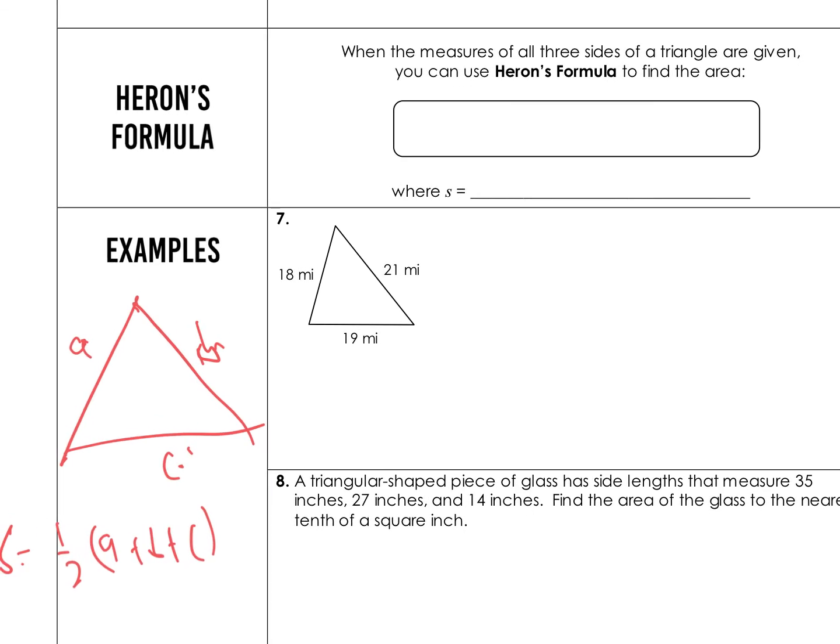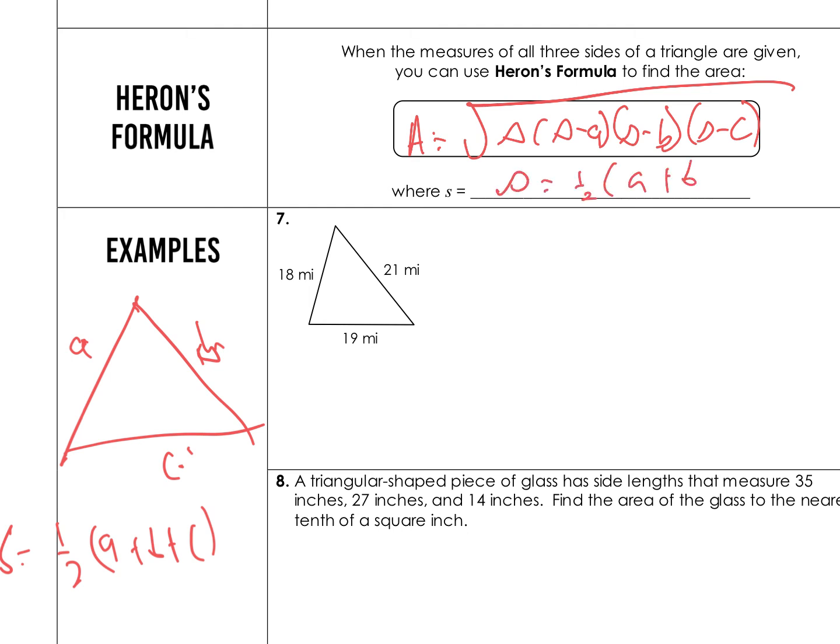Because Heron's formula says area is equal to the square root of S times S minus A times S minus B times S minus C. And again, S is equal to 1/2 of A plus B plus C.